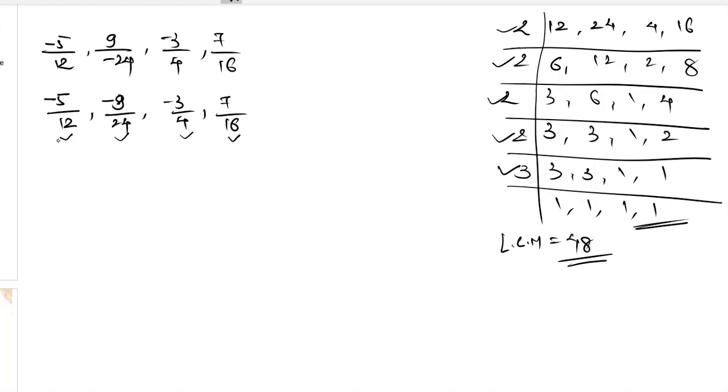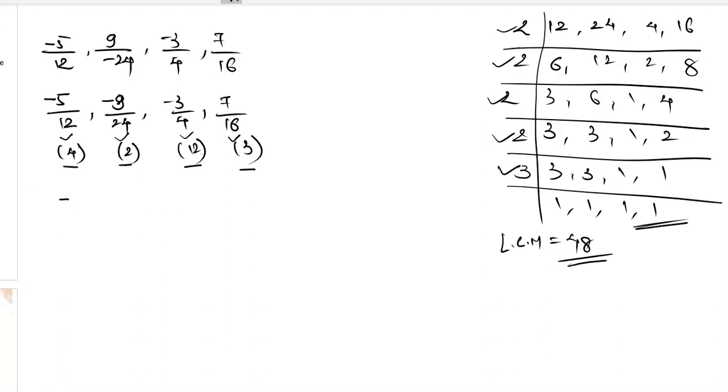All right. So the next question is, what should I multiply with 12 to make it 48? 4s are, 12 4s are 48. What should I multiply with 24 to make it 48? 2s are. What should I multiply with 4 to make it 48? 12s. And what should I multiply with 16 to make it 48? 3s are. So the number which I have written in the denominator must be multiplied in the numerator as well.